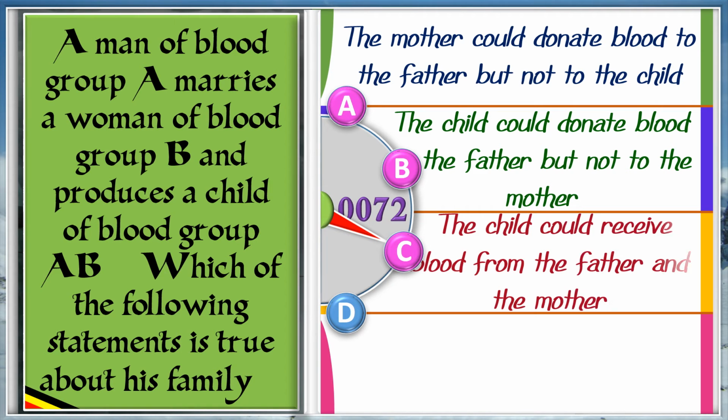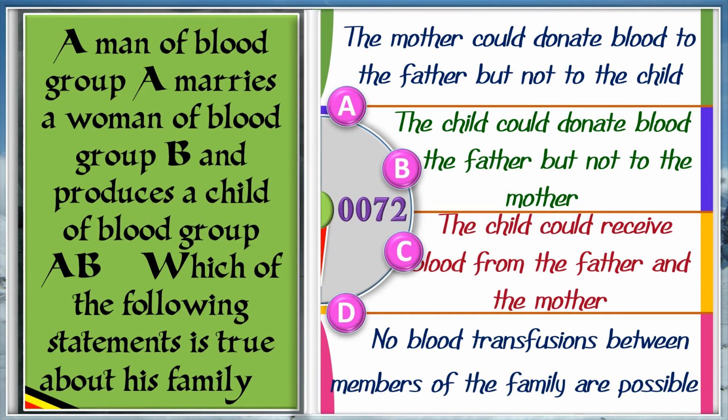C. The child could receive blood from the father and the mother. D. No blood transfusions between members of the family are possible. And the answer is C. The child could receive blood from the father and the mother.